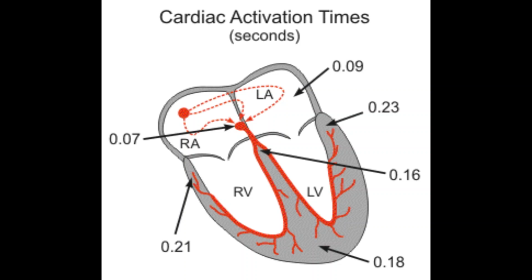From there, it continues on. Before I get ahead of myself, because we have to go back to the diagram of what we were drawing, let's end it there. So there you see a brief overview of timing of it all, 0.07 seconds to 0.09 seconds. Atriums are depolarized and contracting.